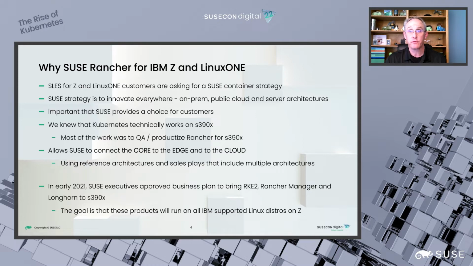Technically, we proved it worked, but we needed SUSE executive approval to productize. So in early 2021, we presented the business plan, which the SUSE executives approved. It was important that the Rancher products run on any IBM-supported Linux distro on IBM Z and LinuxONE, and I'm excited to say this has become reality.